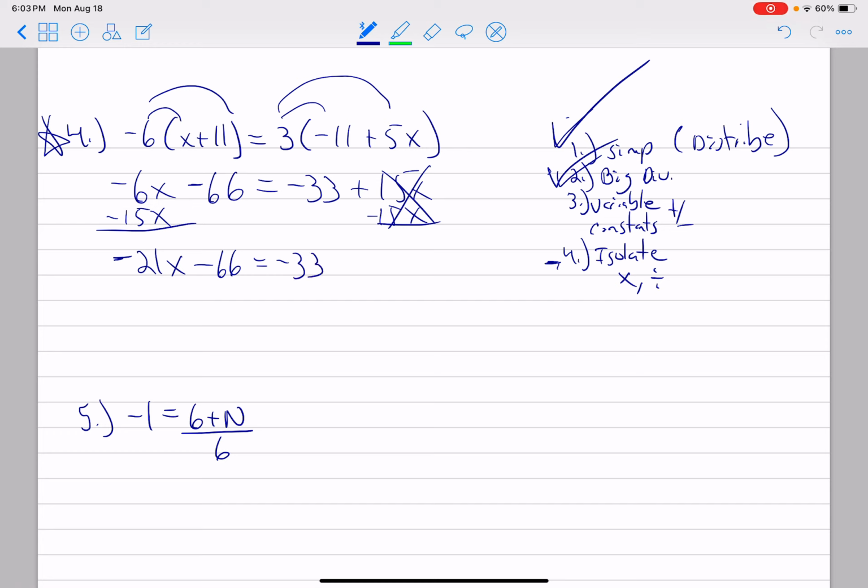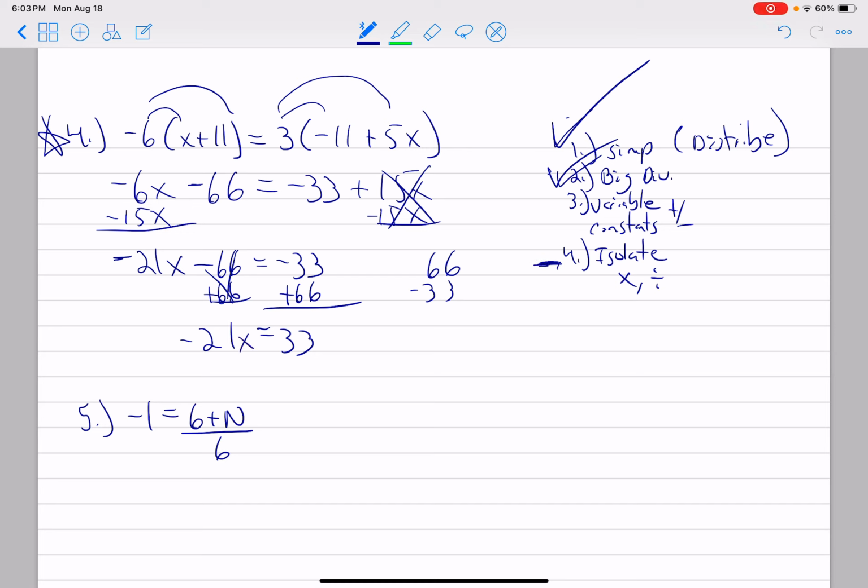All right, now I got all my variables on the left, but I need all my constants on the right. Okay, so I got to get rid of minus 66. How do I do that? Plus 66, plus 66. Negative 33 and 66 is ultimately 66 minus 33. Oh, that's 33. 33 equals negative 21x.